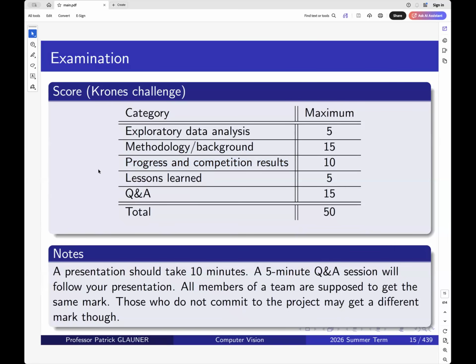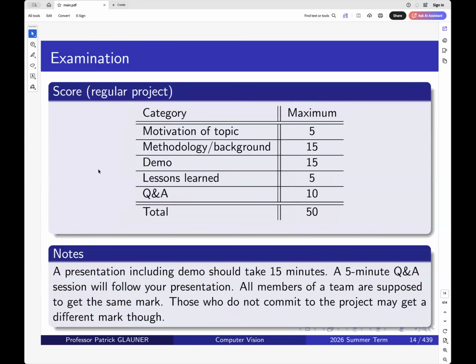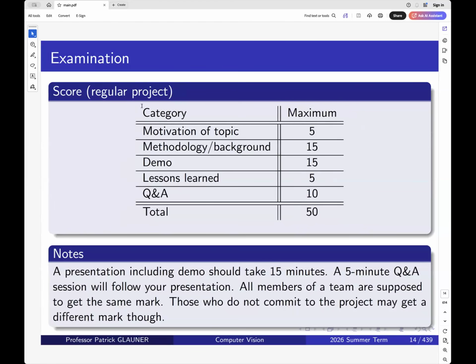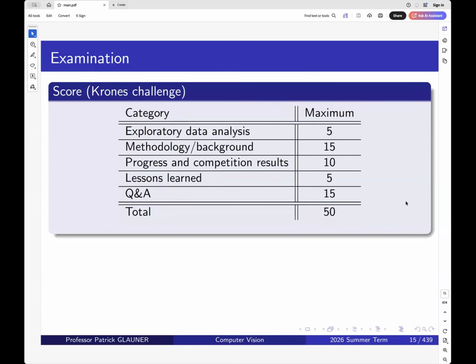So you will see the marking is different for this challenge than for a regular project, but it doesn't mean it's more difficult or easier. It's just totally different, and that's why there's a different scheme. And every year, a lot of students got very, very good marks for these regular projects. And for the Cronus challenge, I expect the same.